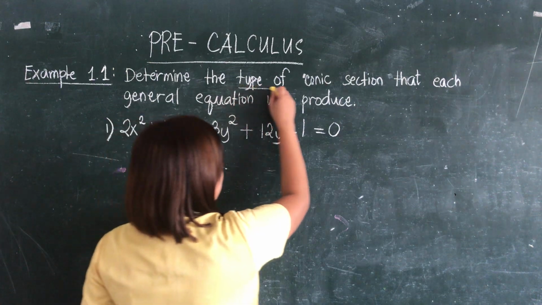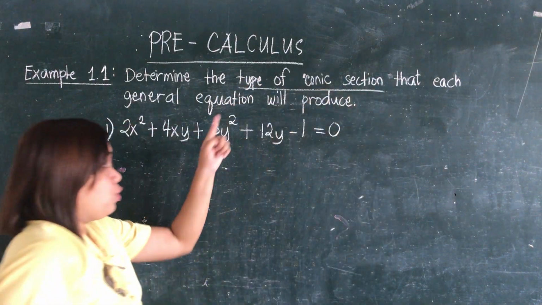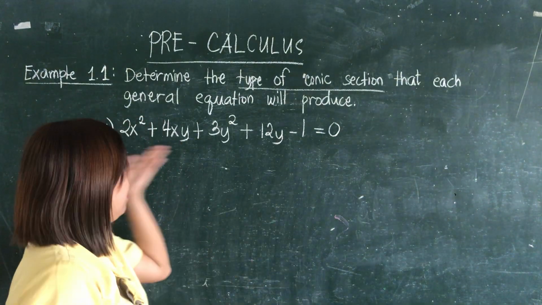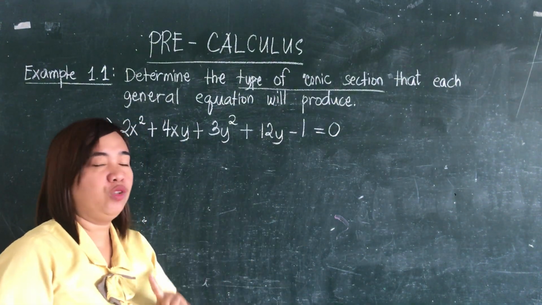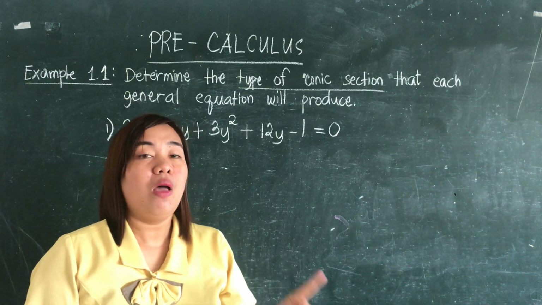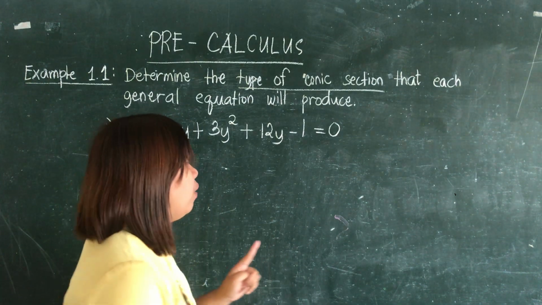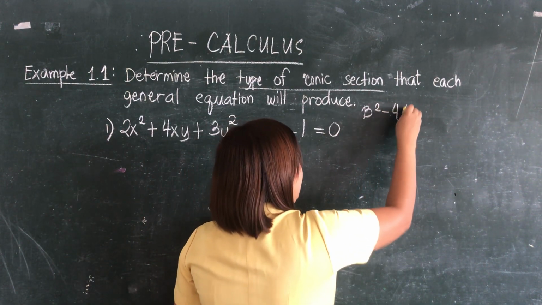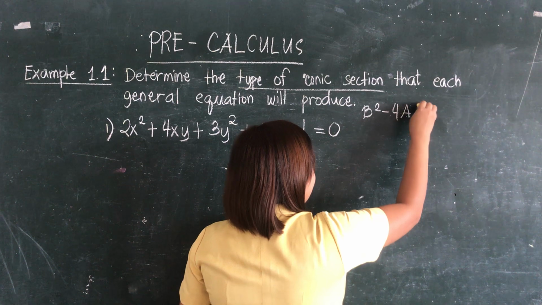So in the first example here, or item number 1, we are tasked to determine the type of conic section. To determine the type of conic section without graphing this equation, all we have to do is to apply the idea of the discriminant, finding the value of b squared minus 4ac.